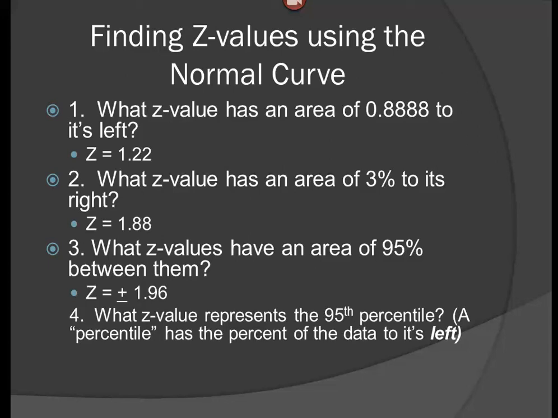So the 95th percentile means 95% is to its left and 5% is to its right. So if you can locate that on a bell curve and figure out what z value would represent the 95th percentile. The answer is 1.645.